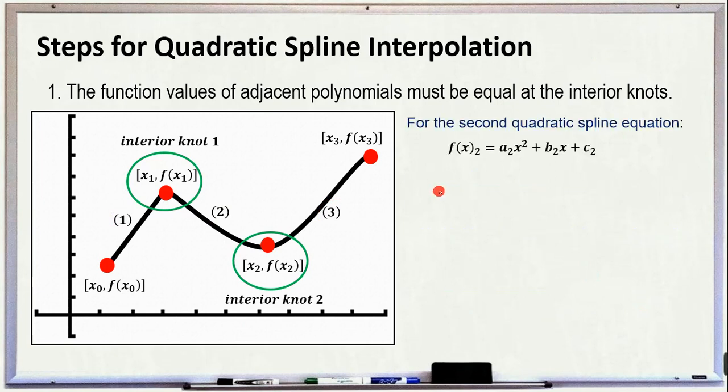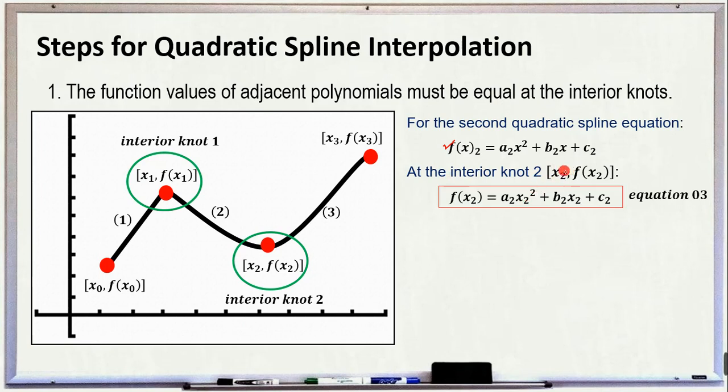Next, we will proceed to interior knot number 2. For interior knot number 2, the quadratic spline equations involved are 2 and 3. Starting with the second quadratic spline equation, this is its format. At interior knot number 2, these are the coordinates x and y.